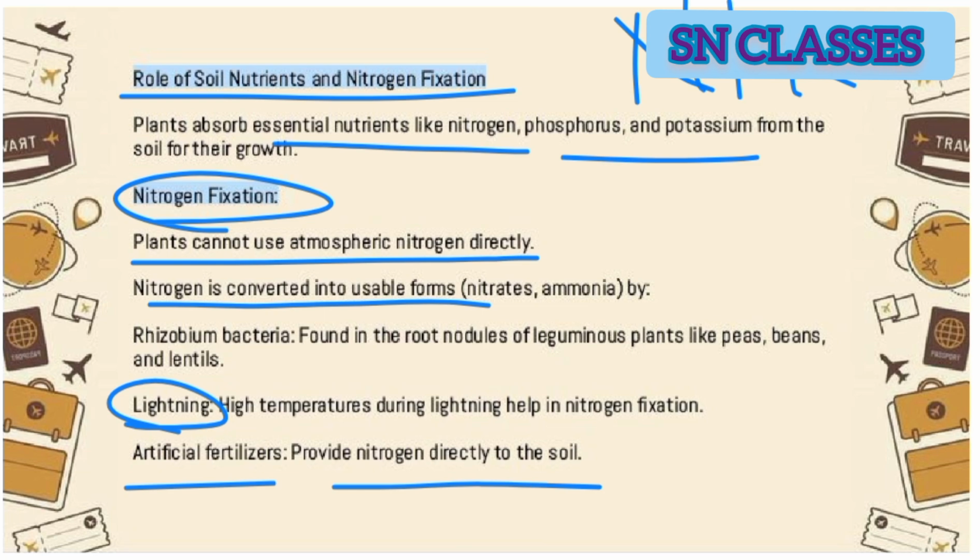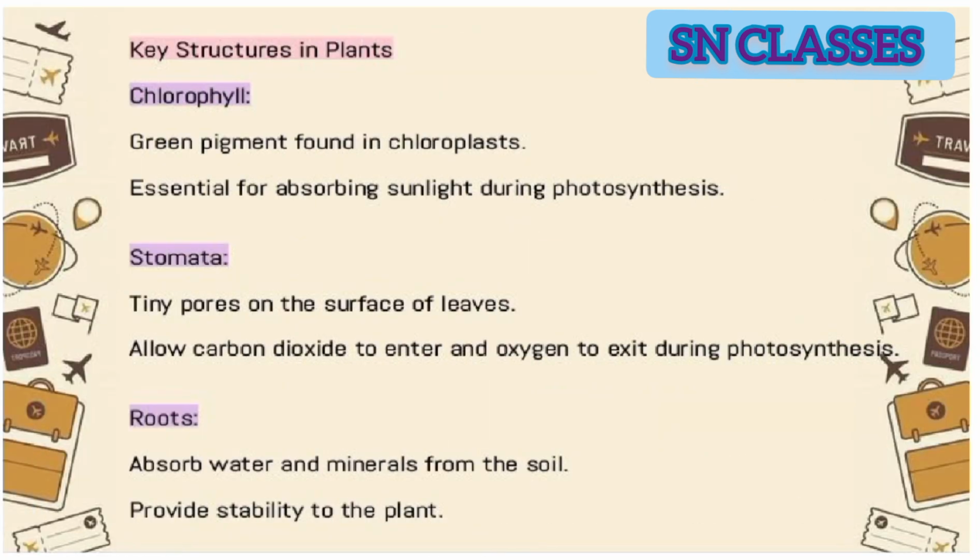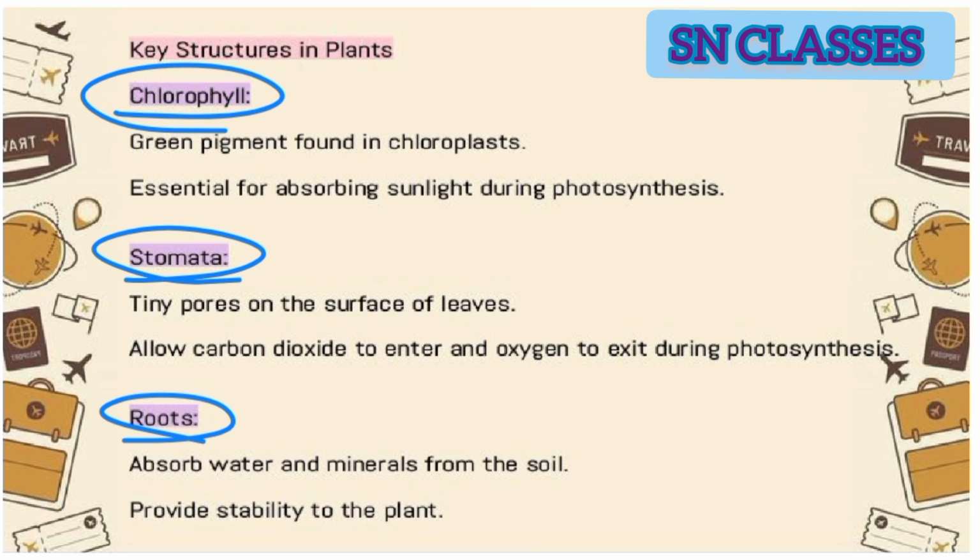Okay. Let's move on. What are the key structures in the plant? The important structures are chlorophyll, stomata and root. These are the main structures which help the plant gain nutrition. First let us see the chlorophyll.